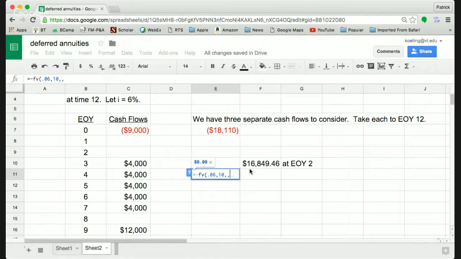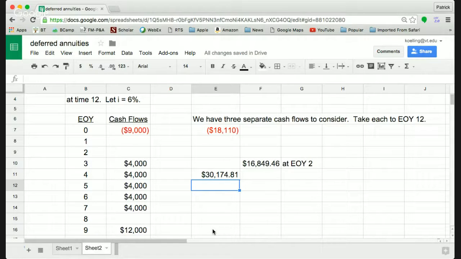And here we have the single amount at the end of year 2. And there we have it. This is the economically equivalent amount at the end of year 12 of this series of cash flows of $4,000, end of year 3 through end of year 7. Okay.